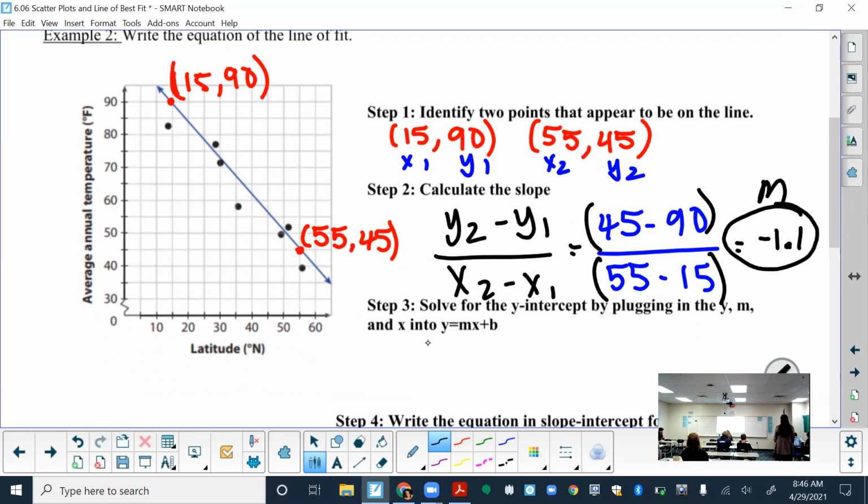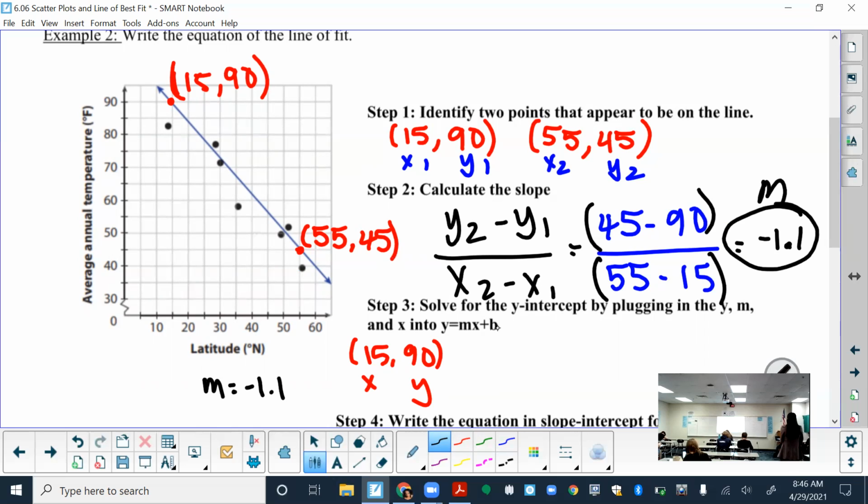So we have y equals mx plus b. The x and y could be one of the values that we use. So let's say I pick 15 and 90 for that x, y value. And then we had our slope as negative 1.1.